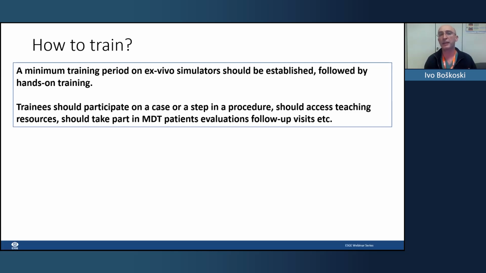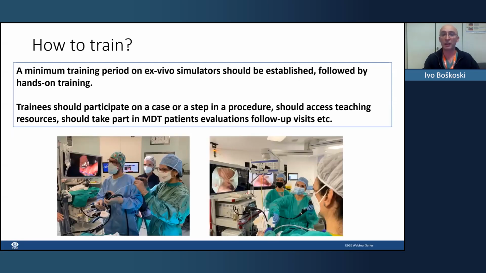It means that I can give the suturing device to the trainee, let's say the OverStitch or whatever else, let the trainee feel the resistance, pull the gastric wall, push the needle, and so on, and then put the first sutures, or let the trainee do the entire procedure during the training. Trainees should also access teaching resources and take part in the MDT evaluations of the patients and follow-up visits, which are essential.